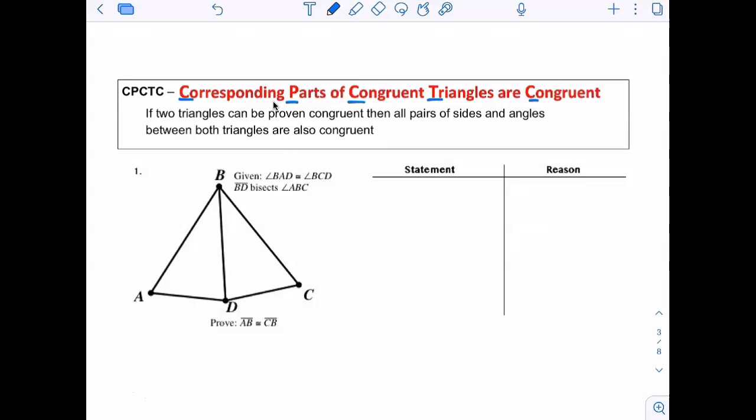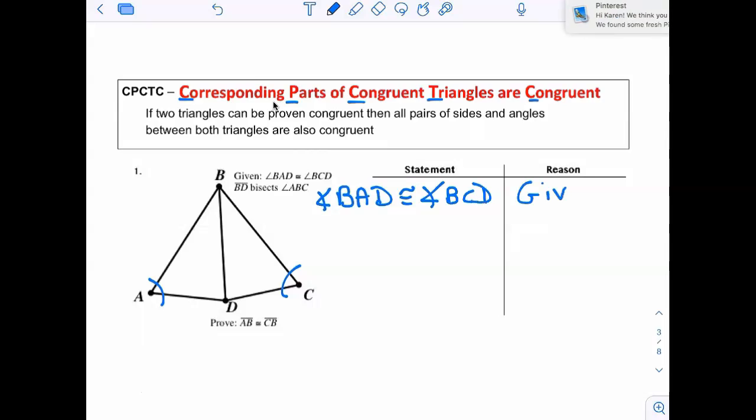Okay? So, looking at example 1, we are given that angle BAD is congruent to angle BCD, and that of course is given to us.